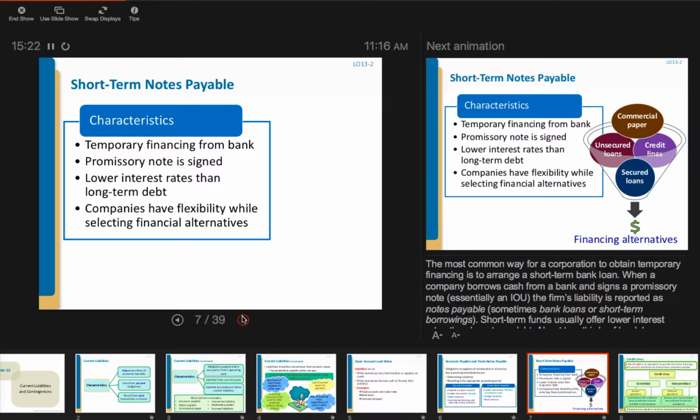It just makes it easier on the entity that's lending the money to have legal recourse if the payment is defaulted or not made. So it's just a little bit more formal.